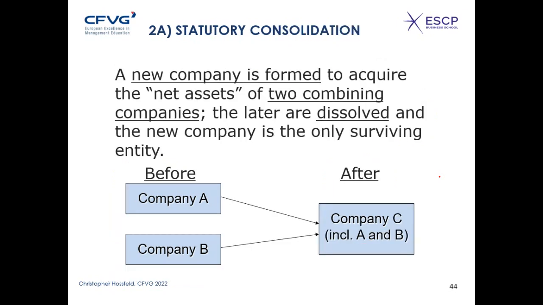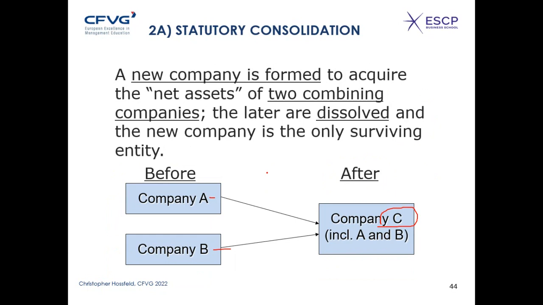Second form of business combination, a statutory consolidation. Here we have a similar principle to the statutory merger, but the difference is that we create a new company C, and now company C will buy all the assets and all the liabilities of companies A and B. That means after the deal, companies A and B are empty shells, and they may be dissolved.